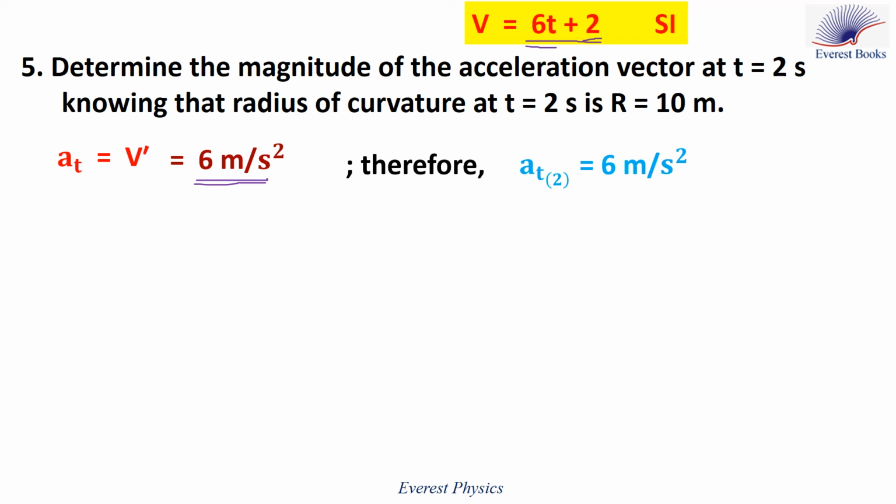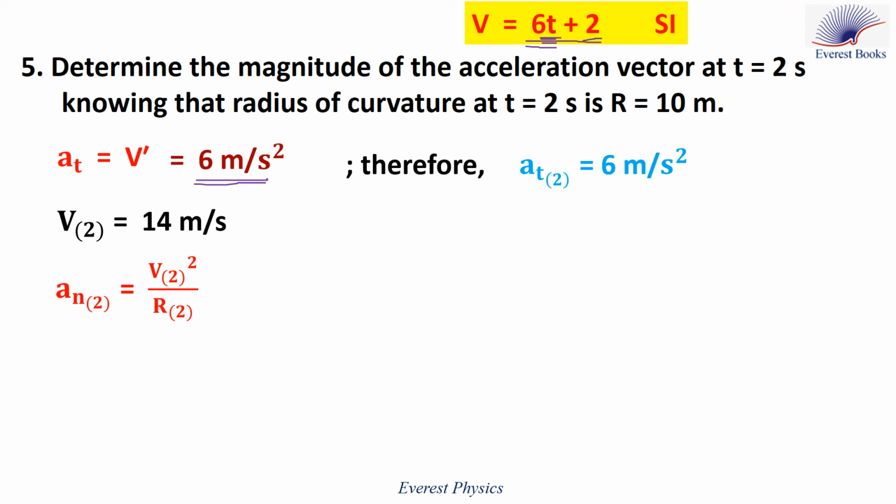Now, before calculating the normal acceleration, let me calculate the speed at time 2 seconds by replacing t by 2 in the expression of v. Then, the speed at time 2 seconds equals 14 meters per second. The normal acceleration equals v squared over r.